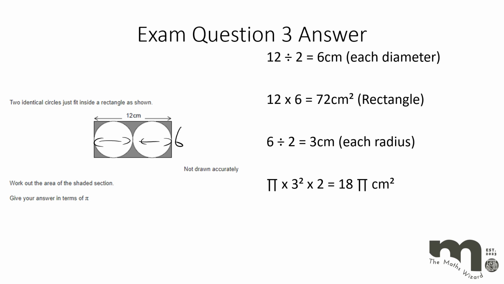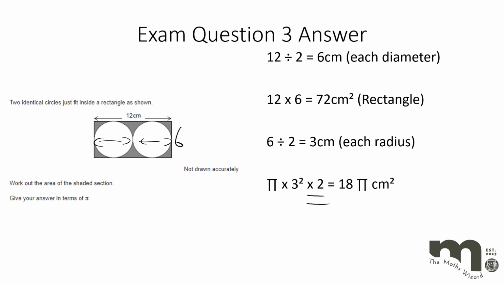Then we can do pi times 3 squared times 2. That will tell us the area of the two circles. The reason I'm timesing by 2 there is because we've got those two identical circles. So that will be 18 pi centimeters squared. If you were to do this with the actual value, you would just take the area of the circles away from 72, and that will tell you the shaded area.